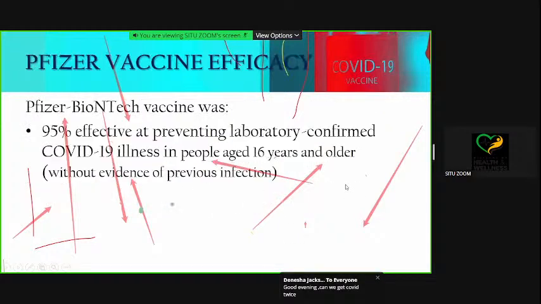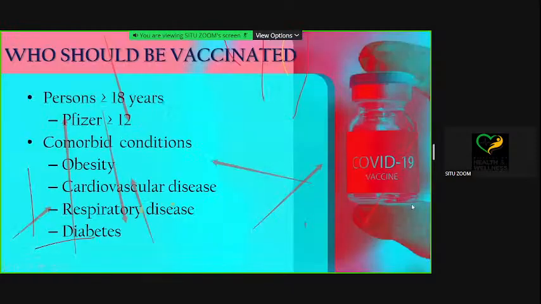And of course, our all-time favorite this evening is the Pfizer vaccine because that's the one for children. It is 95% effective at preventing COVID-19 illness in persons 16 years and older. That was the preliminary studies that they did, and they have found that it is equally effective in children from 12 years onwards.